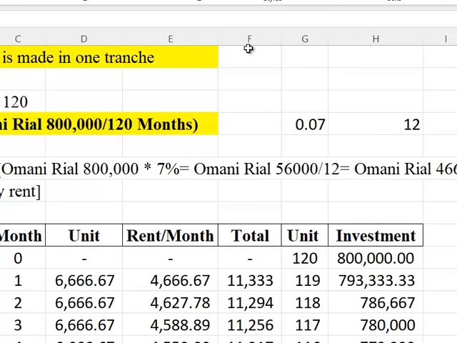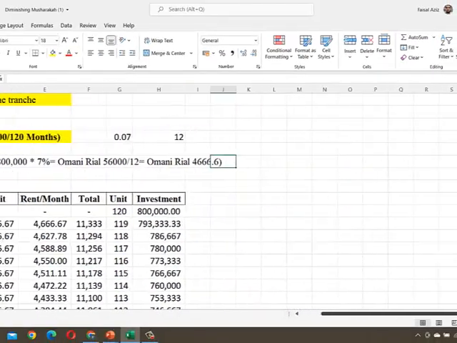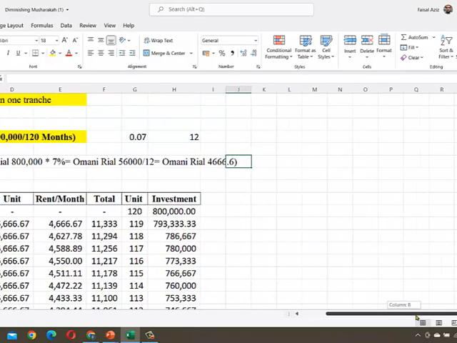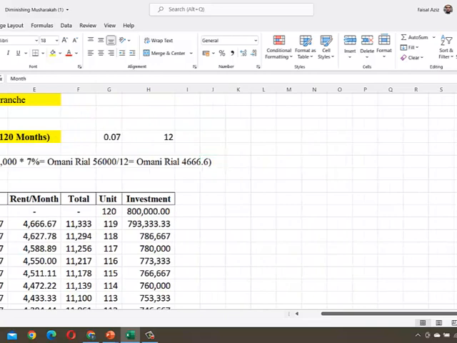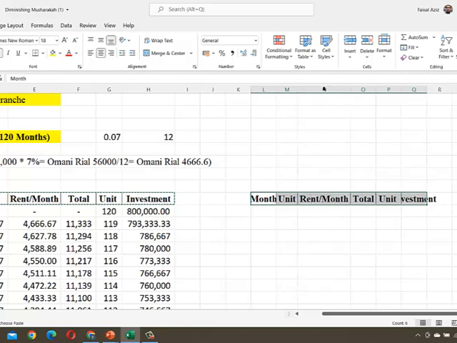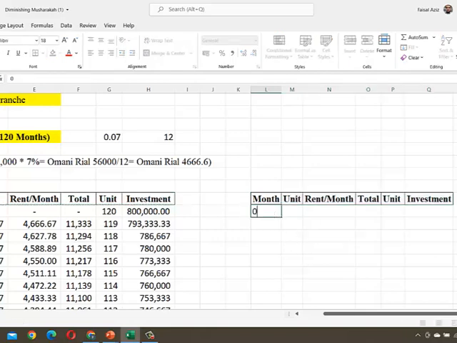Now as you can see over here, I'm going to prepare one schedule. This schedule I've already prepared, but for the sake of your understanding I'll prepare it again beside this table. So here you can see, let me copy all these titles: months, units, the total amount and the investment. So here it comes, number of months. So at time 0 what will happen?